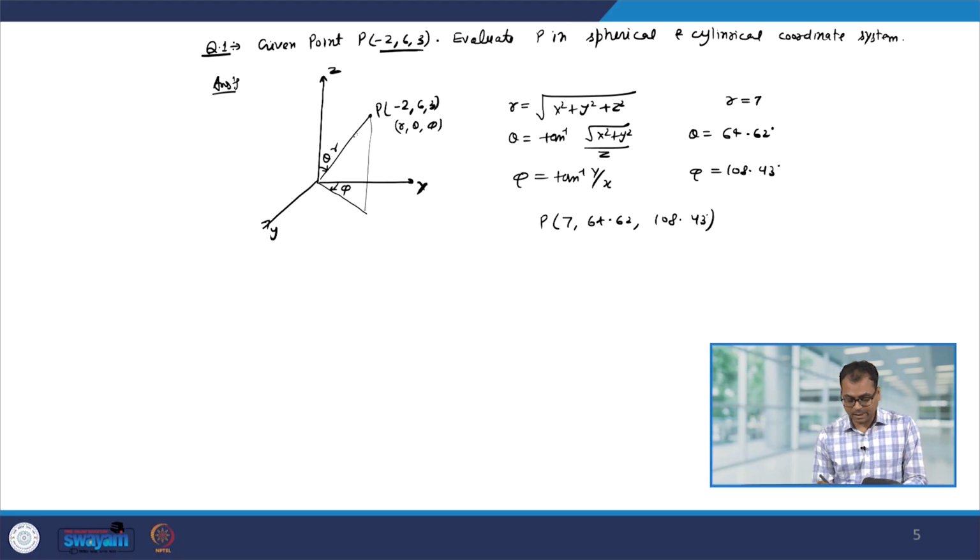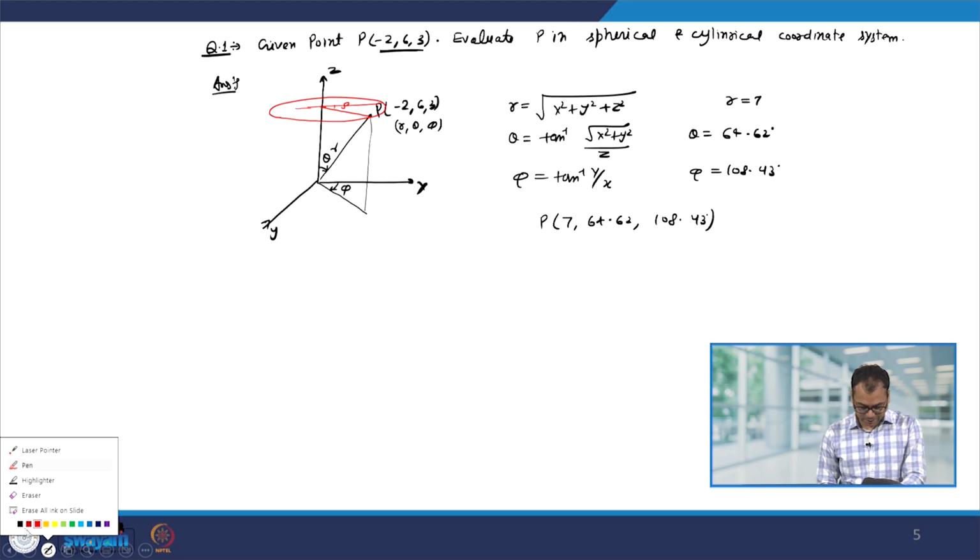Now let us represent this point P in cylindrical coordinate system. You know, in cylindrical coordinate system the coordinates are rho, phi and z, where rho is the radius of the cylinder, and phi is the angle that this radius vector makes from the x axis, and z is the height of the cylinder.